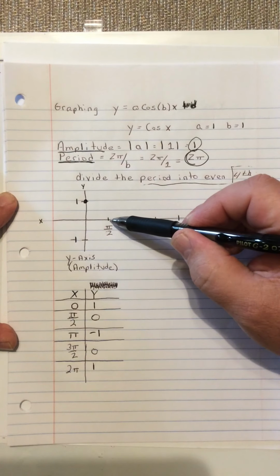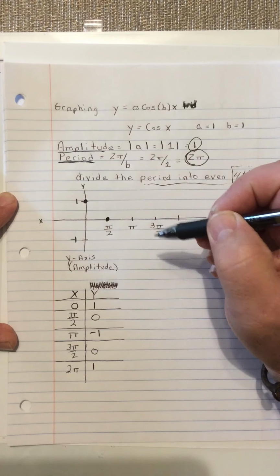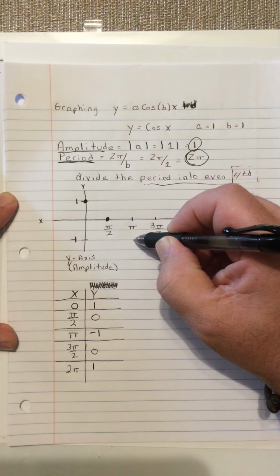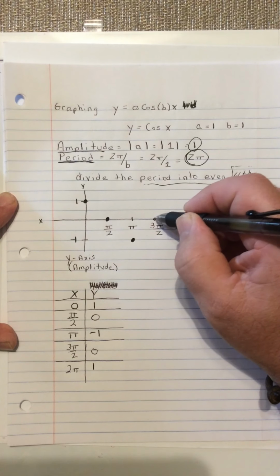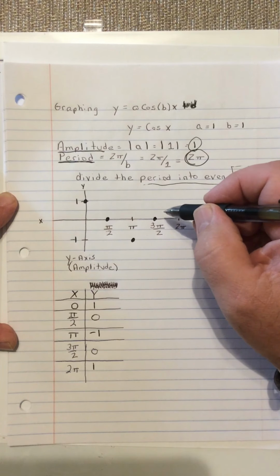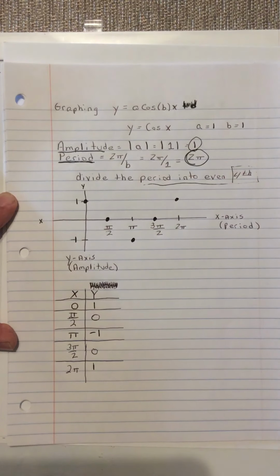If x was pi over 2, my y value was 0. If it was pi, it was -1. If it was 3 pi over 2, it was back to 0. And at 2 pi, we completed one complete cycle, or one complete period.